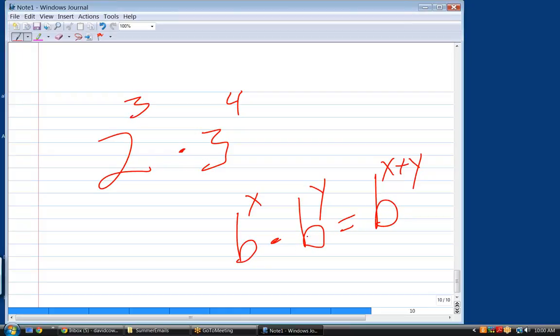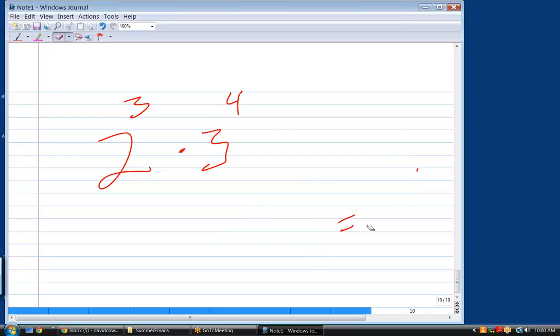If it's a different number, I can't do anything with it. In other words, I could convert these to numbers, but I can't simplify it. That's 8, and that's 27, so I can multiply 8 times 27, but I can't represent that as 2 or 3 to anything.